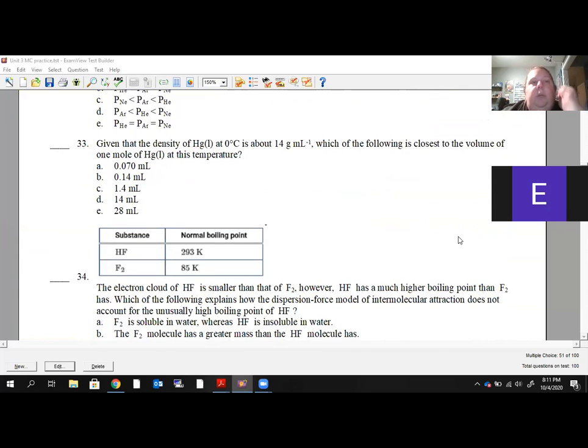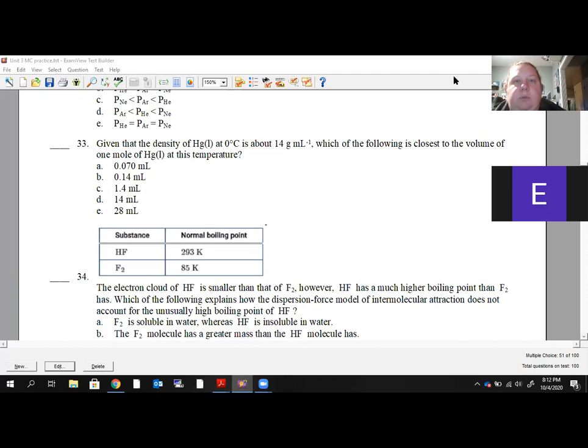So 33 says, given the density of mercury at 0 degrees Celsius is about 14 grams per milliliter, which of the following is closest to the volume of 1 mole of mercury at this temperature? Ooh, we gotta do a little bit of math here.